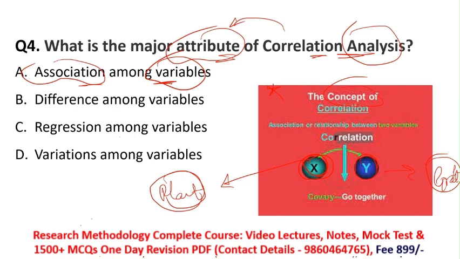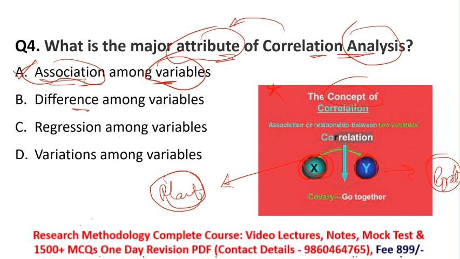So remember, correlational research always tells you about the relationship among the variables, or you can say the association among the variables. So in correlational research, researchers generally analyze the relationship among the variables. So here option A is the right answer.